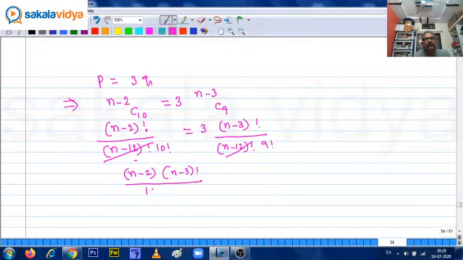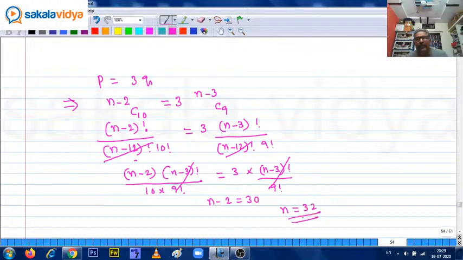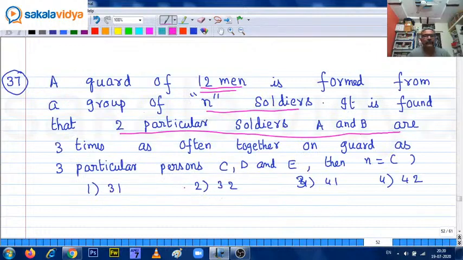The n minus 3 factorial and 9 factorial get cancelled. So n minus 2 is equal to 30, n equals 32. There were actually 32 soldiers. So the second option is the right option.